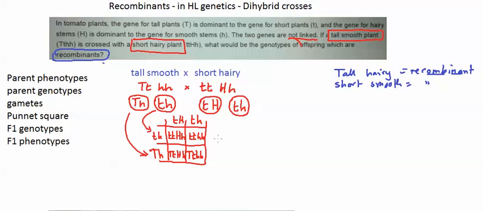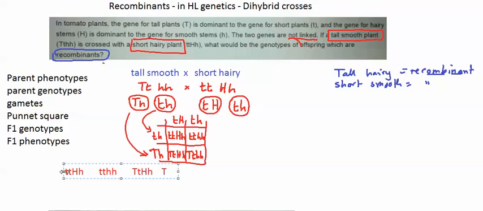So what phenotypes will we have? Here are the possibilities. We've got small t, small t, capital H, small h. Other genotypes, we've got small t, small t, small h, small h. We've got big T, small t, big H, small h.